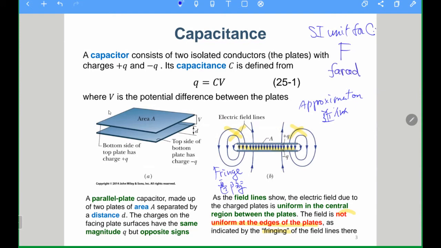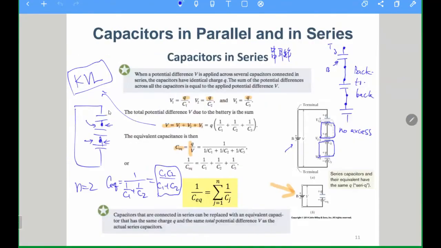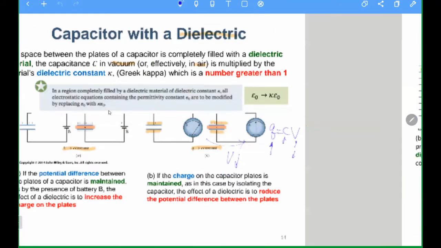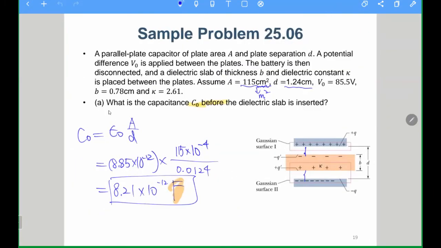We use a capital F to represent farad. It should be related to Faraday, but here it is called farad. Okay, so here we have this is C0.